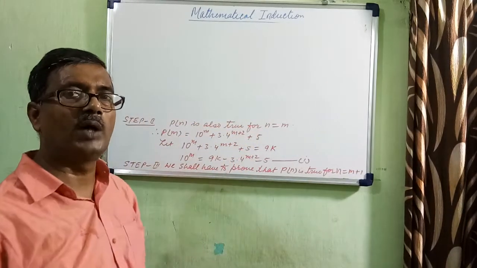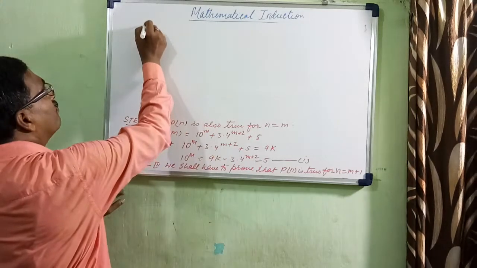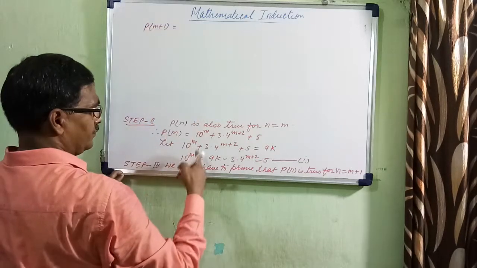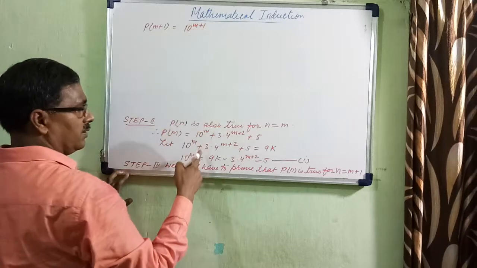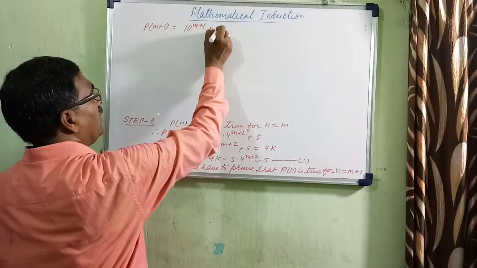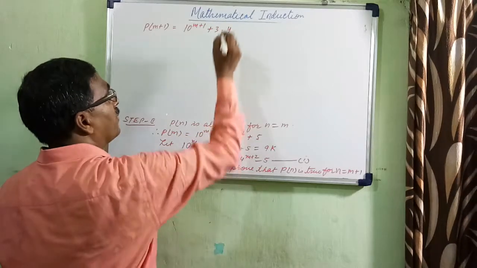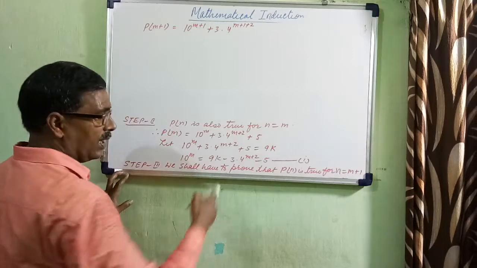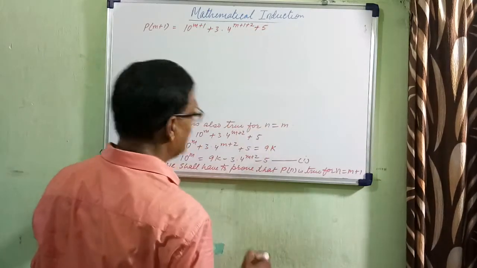So wherever n is there, you have to put n is equal to m plus 1. So P m plus 1 is equal to 10 to the power m plus 1 plus 3 into 4 to the power m plus 1 plus 2 and then plus 5.